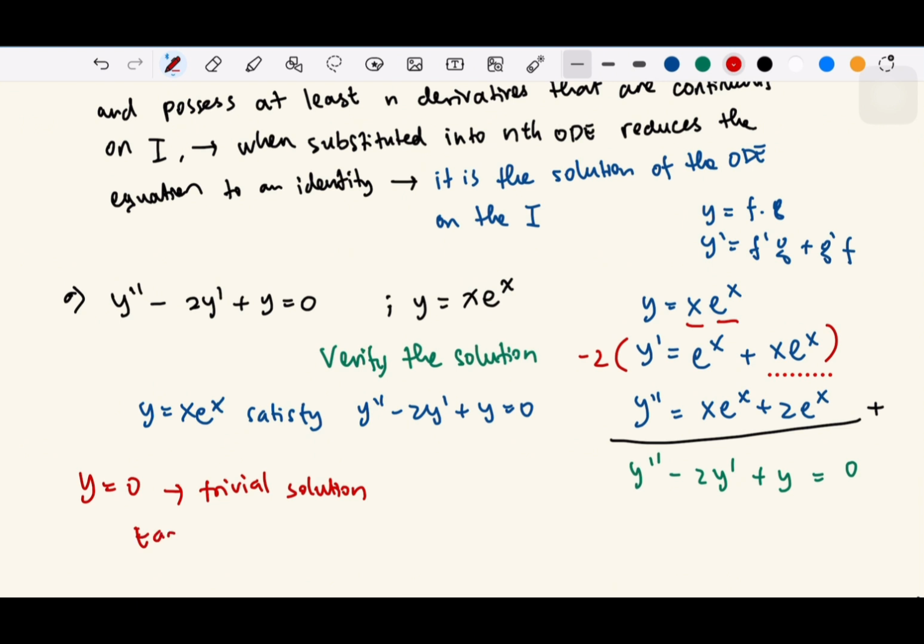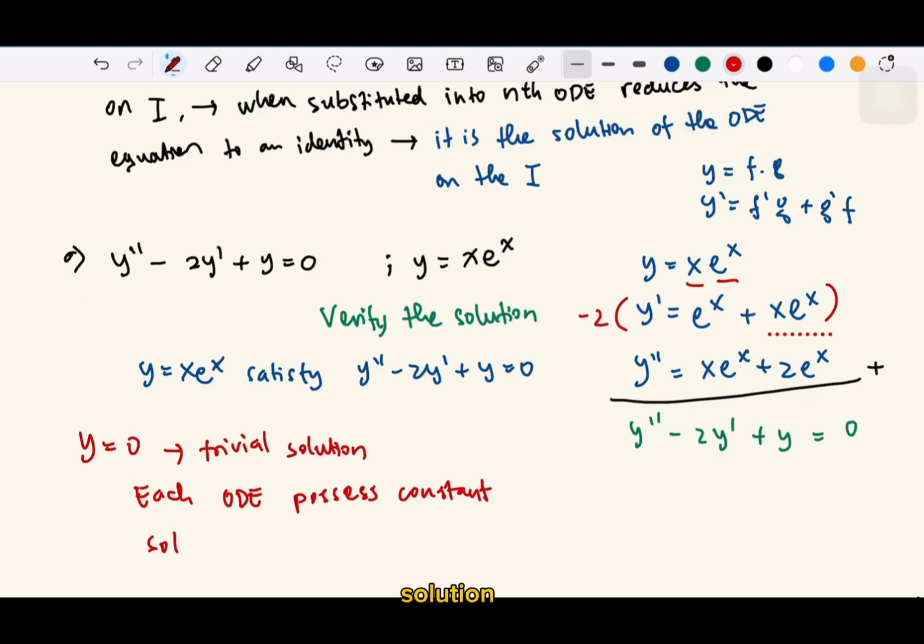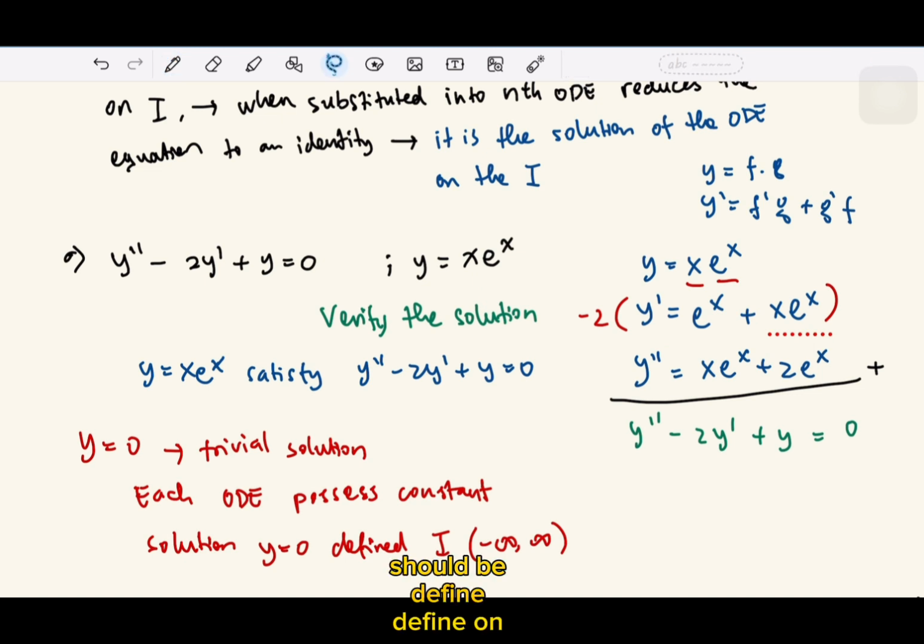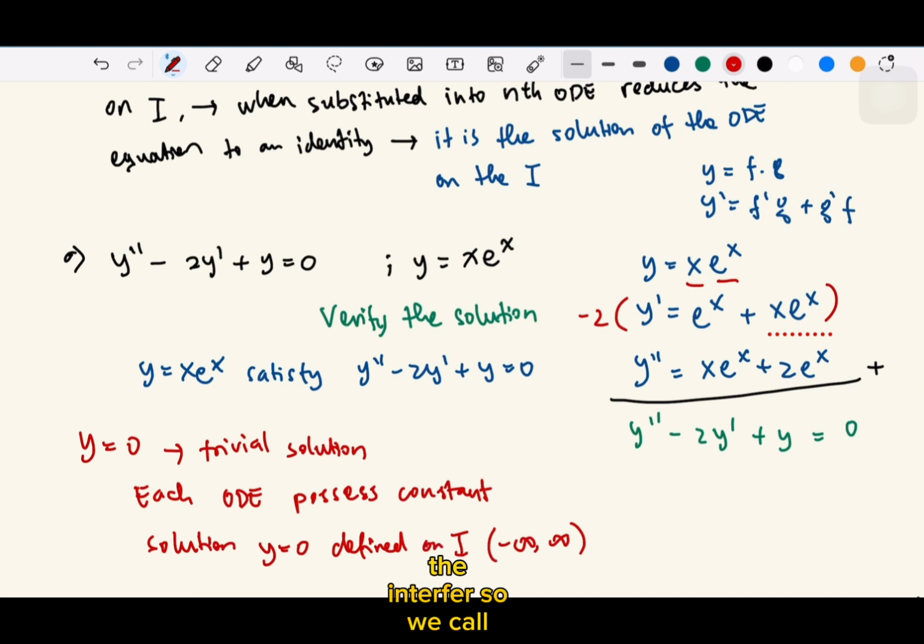So each ODE, or differential equation, possesses the constant solution y equals 0, defined on the whole interval. So we call this a trivial solution.